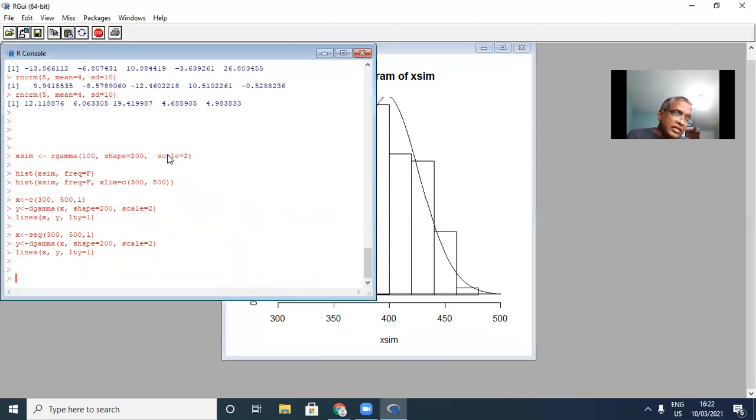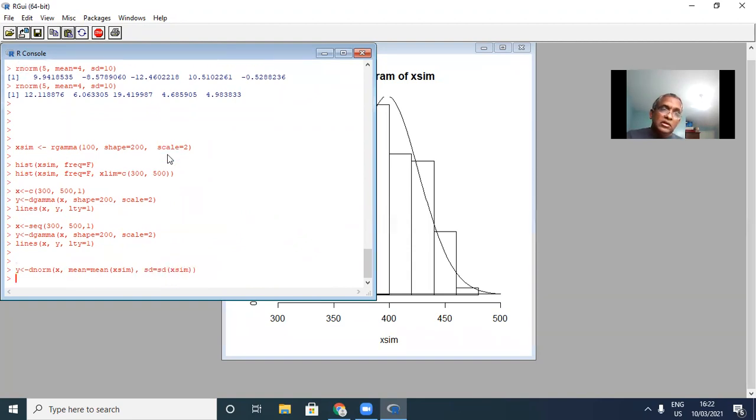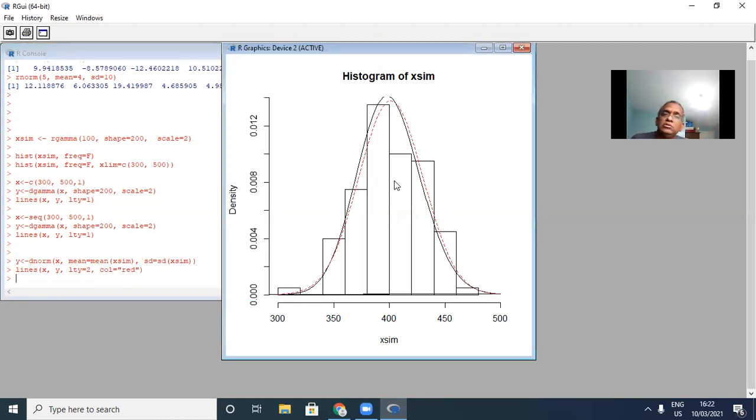All right, now the next thing I'm going to show you is I'm going to take y this time to be the density of a normal distribution at x, with the mean parameter equal to the mean of the simulated data, and the standard deviation parameter equal to the standard deviation of the simulated data. Right, now you should plot on top of the same window, and this is what you will see.